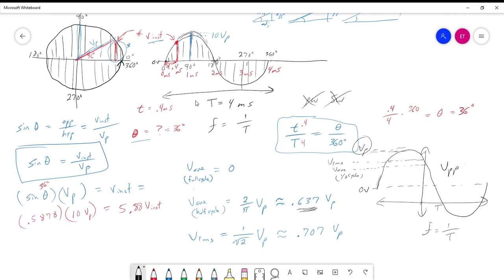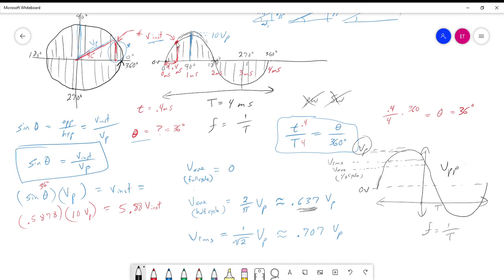Bring it in and you can get practice dialing it in with your scope, like the triggering settings and the scaling. Then you can get the cursors out and measure certain times. You could look for instantaneous voltages. That'd be great practice.